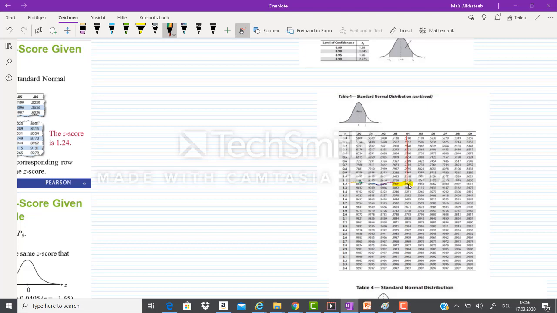We repeat: we find 0.8925, the first two numbers we get from the row, which is 1.2, and the third number we get from the column, so it will be 1.24. The corresponding z will be 1.24. In this case we find the corresponding z.